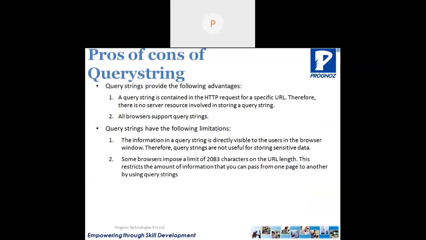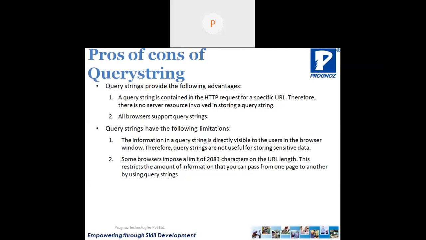In the same way, they have given some advantages and limitations of query string. Advantages: a query string is contained in the HTTP request for the specified URL. Therefore, there is no server resource involved in storing a query string, which means the query string value is maintained at the client side, and that's why server resource is not allocated or used.